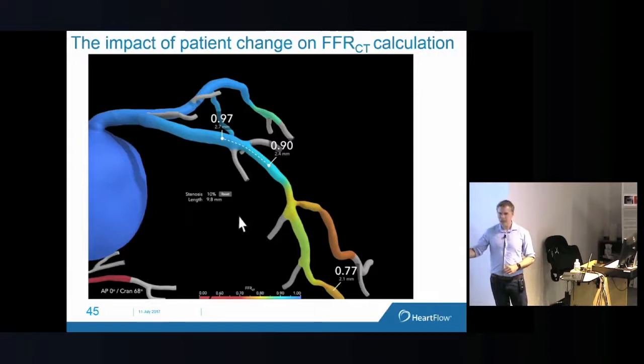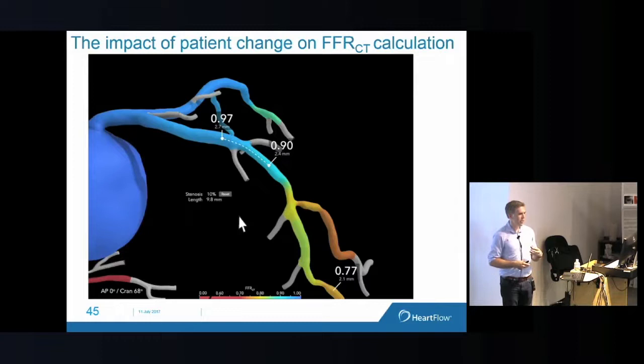It was initially very high percent blocked, very high degree stenosis. And they can push a button and have that stenosis go to something else, 10%, 0% blockage. And then we can recalculate the FFR if the lumen were open to that level.